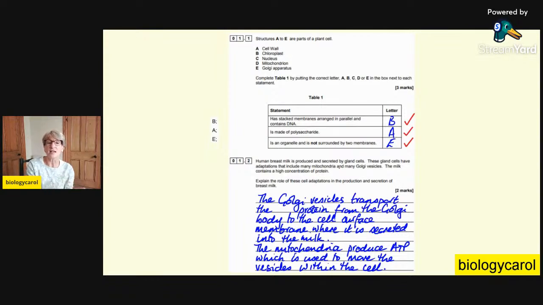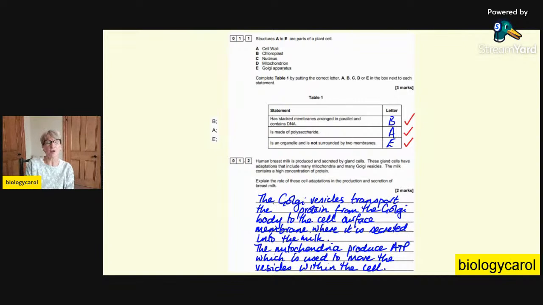And then the other thing is that the Golgi vesicles carry the modified proteins from the Golgi apparatus to the cell surface membrane, where those vesicles fuse with the cell surface membrane to secrete those modified proteins into the milk.